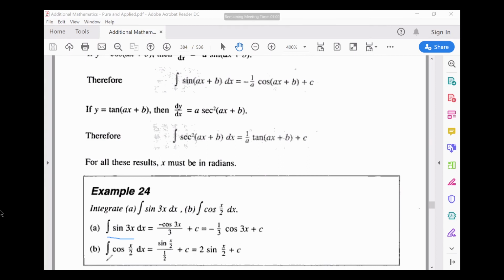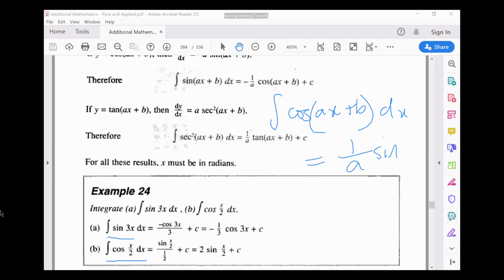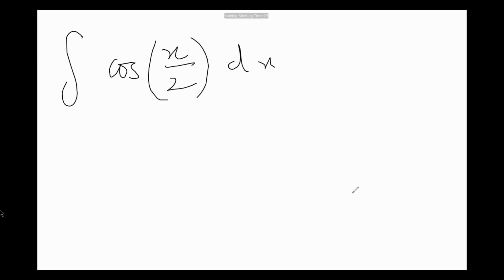What about the integral of cos of x on 2? The formula says that the integral of cos of (ax plus b) is going to be 1 over a sine of (ax plus b), plus c, of course. So in this case here, integral of cos of x on 2, this is my angle. The angle is really x on 2. The angle is linear. It's just not written.